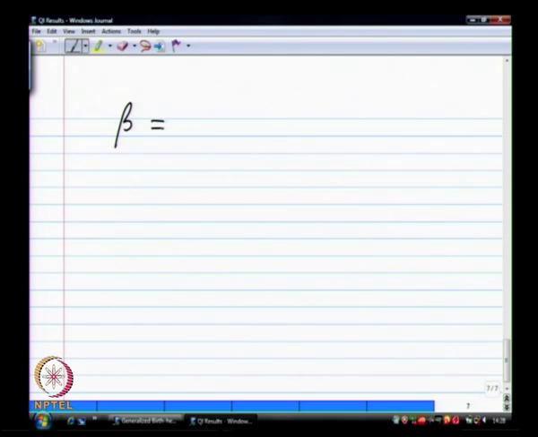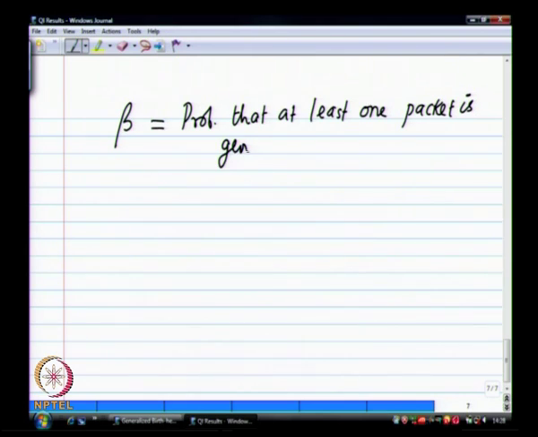So beta is the probability that at least one packet is generated, at a given user, in one slot.